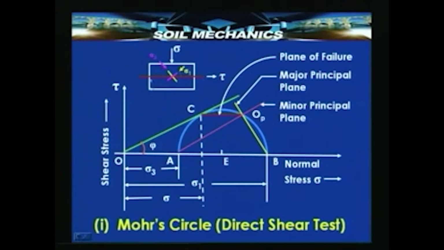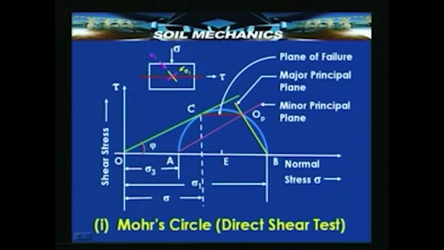Now, if we see the depiction of the stress state in the Mohr circle, we find that this A represents the stress sigma 3, B represents the stress sigma 1, and the major principal plane and the minor principal plane will both be parallel to the planes of sigma 1 and sigma 3 meeting at a point OP. Now, this point OP, known as the origin of planes, is a point such that the line drawn parallel to a known plane where it meets the circle, that point has the coordinates which are equal to the stresses on that plane.